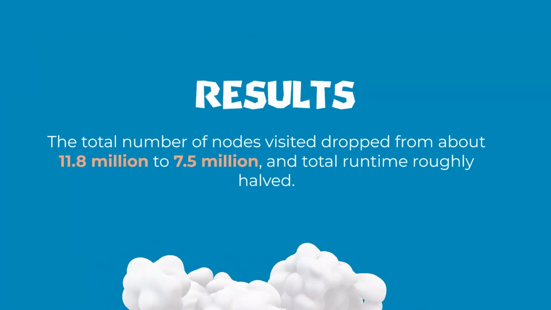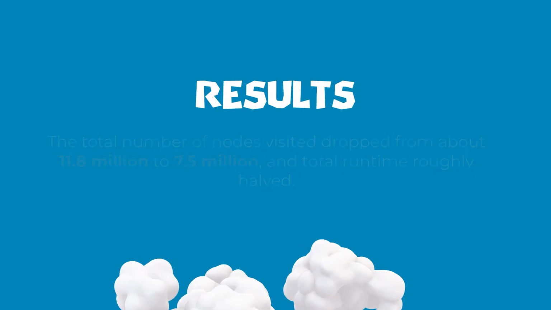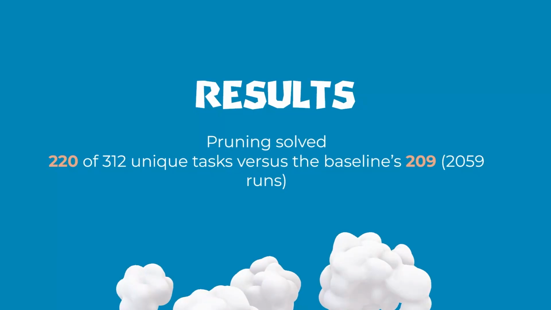Across all planners, the total number of nodes visited dropped from about 11.8 million in the baseline with no pruning to 7.5 million with pruning, and total runtime roughly halved. Pruning allowed planners to solve more problems.